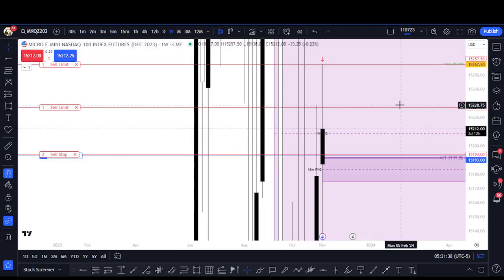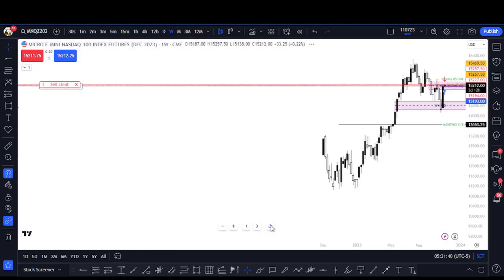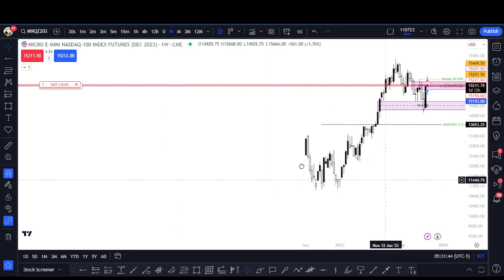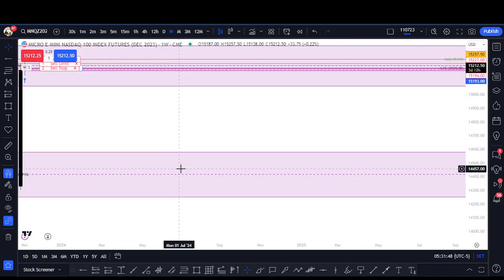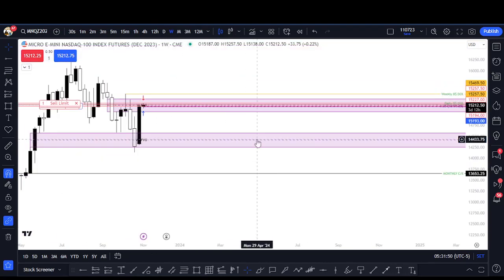Overall, I am bullish on the week. Sorry. Still looking for 15,469.50 to be hit, just because it seemed like we had a respecting.